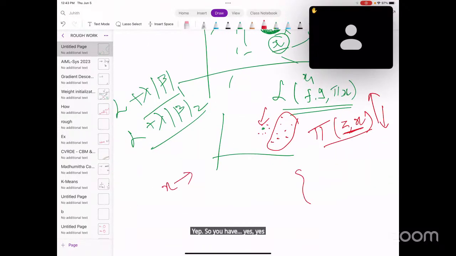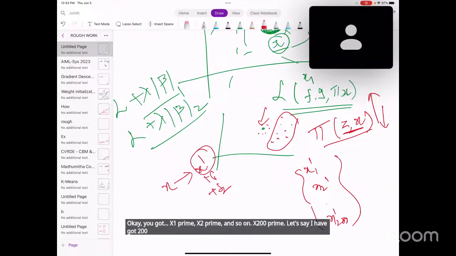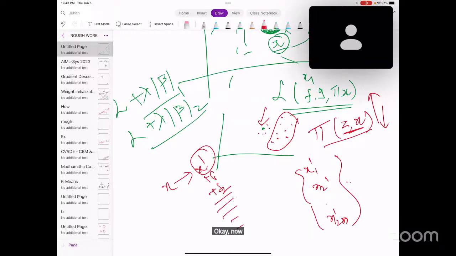Yes, I'll do that. So you had one point x. You created the BOW representation for x prime. Now you added a lot of noise. You got x1 prime, x2 prime, and so on, up to x200 prime. Let's say I have got 200 augmentations by adding 200 different noises. Now this training data is only input, right? You need labels also, because you have F, the fully trained black box model.